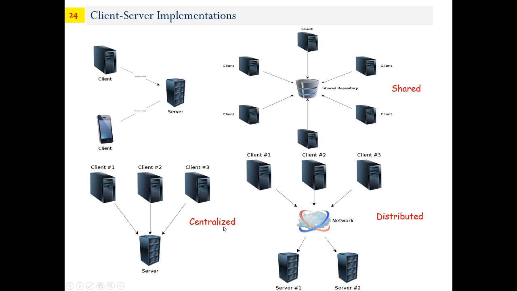In centralized, you can have clients connected to a single server. In distributed, the clients are connected to multiple servers through a network. But the theme, as I discussed in the previous slide, is that centralized is easy to administer, whereas distributed is better for scaling up the solution.